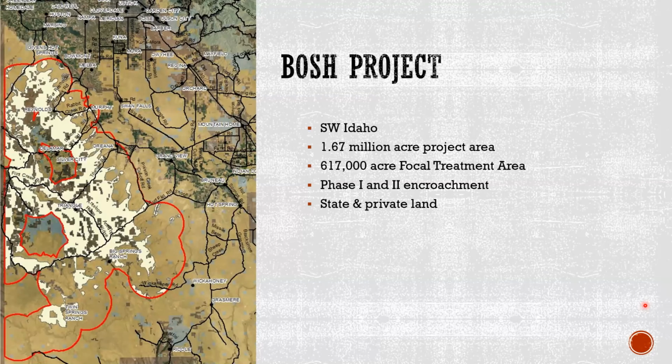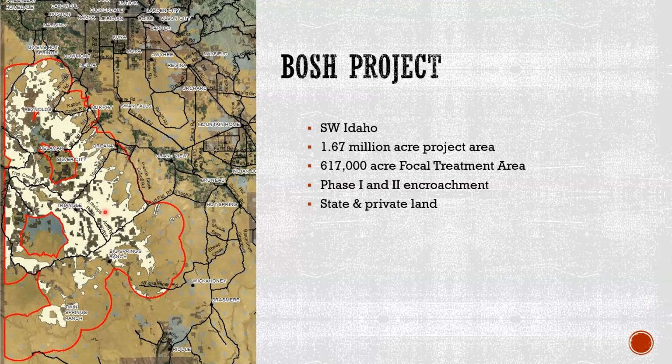So it's mainly targeting phase 1 and 2 conifer encroachment. It's western juniper. The light yellow stuff over here on the map on the left is just BLM lands. But state and private lands are also working in conjunction with this project, though it's not included on this map. So that's back to the all hands, all lands approach as part of Partners in the Sage.